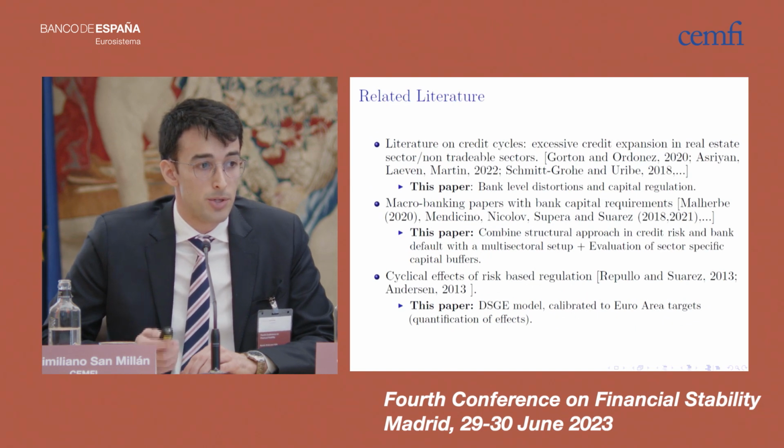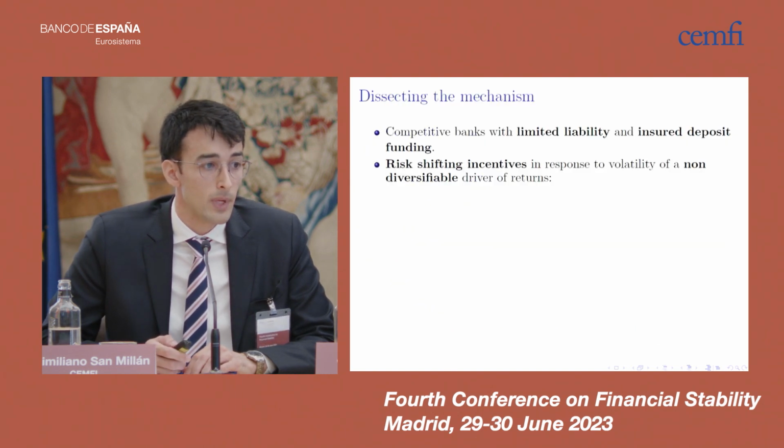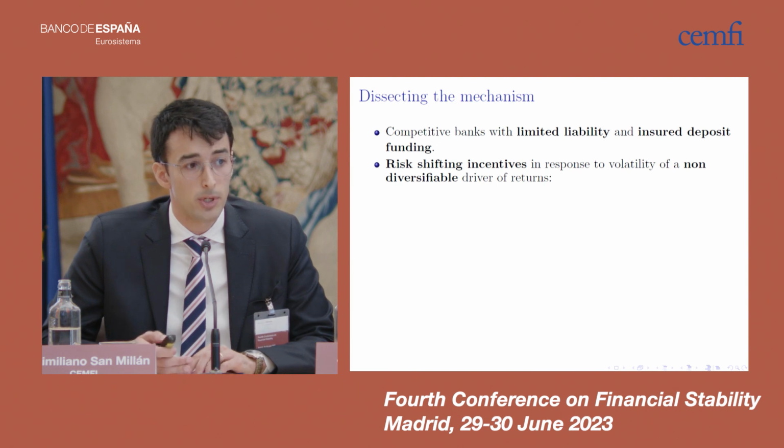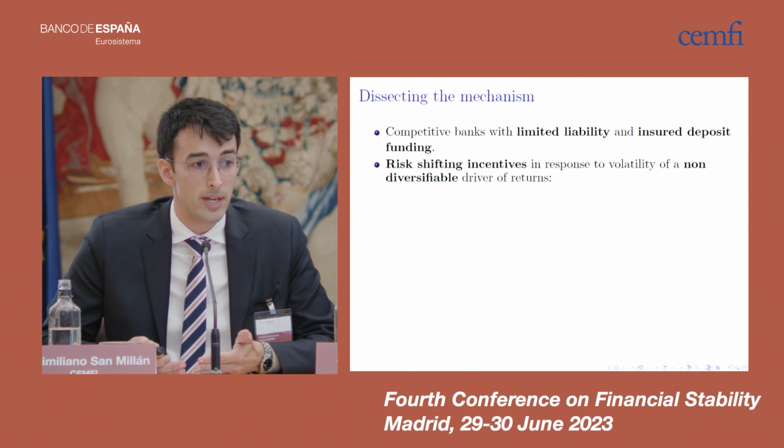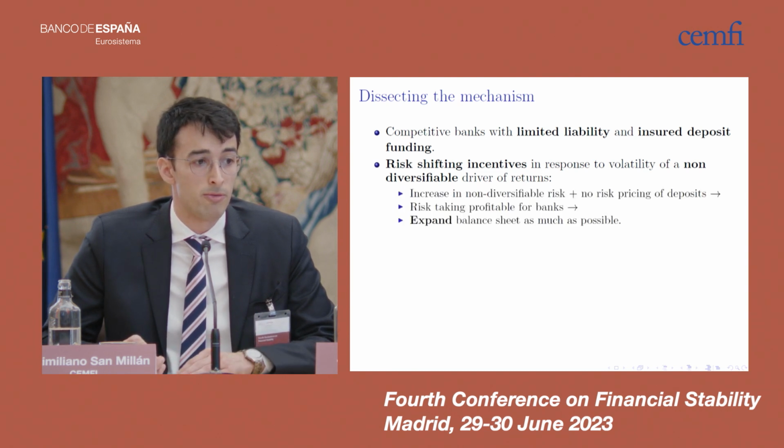So let me skip the literature in the interest of time. But basically, like I was saying before, the mechanism is one in which there are risk-shifting incentives motivated by the presence of limited liability and insured deposit funding.